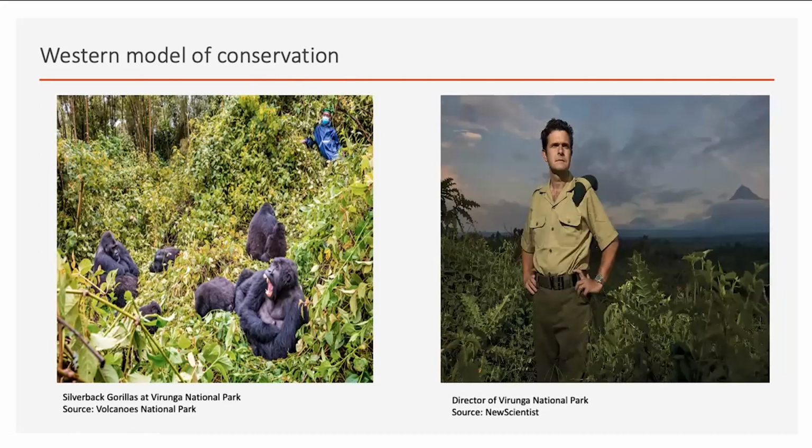The idea that wildlife and people cannot cohabit is still very much a paradigm that is ingrained in the Western model of conservation, which is to the detriment of Africans, mostly agrarian Africans.